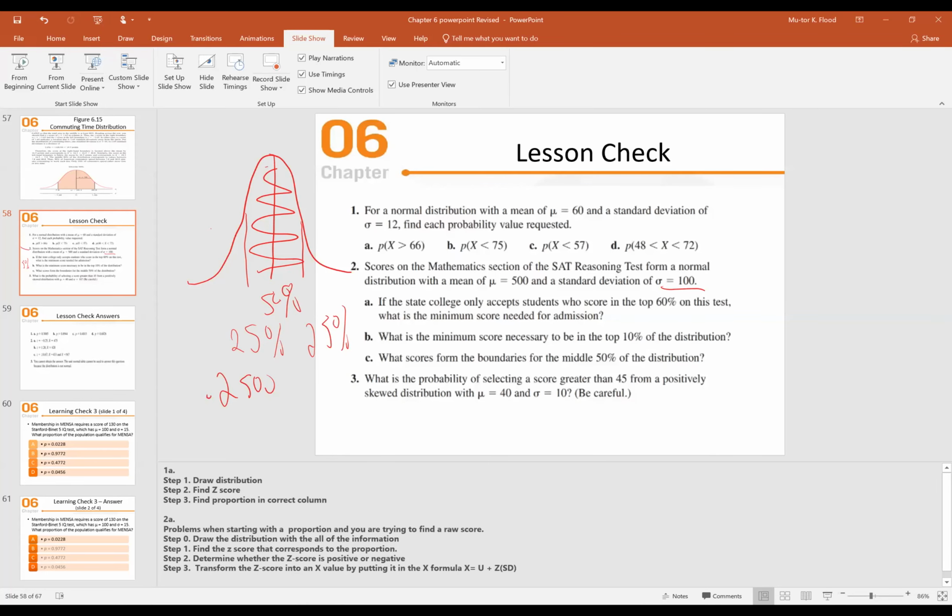So the two z-scores are negative 0.67, which is below the mean, and positive 0.67, which is above the mean.